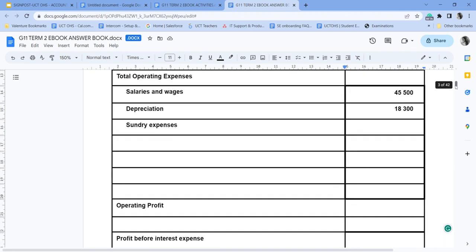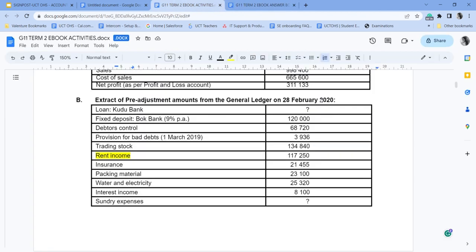Trading stock surplus or trading stock deficit. How do you do it? You look at trading stock or inventory in your trial balance and compare it with the stock valuation amount, and figure out whether it is a loss or a profit. Basically, is it a deficit or is it a surplus? Let's take a look. Here, my trading stock is sitting at 134,840.